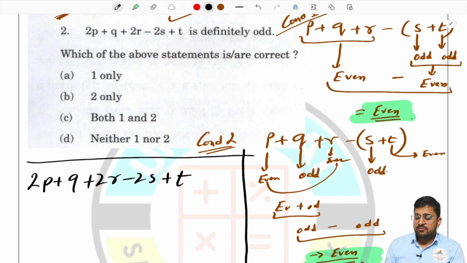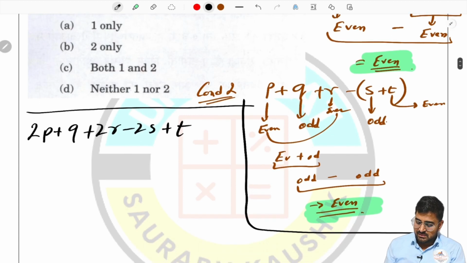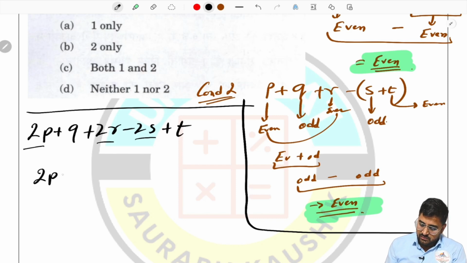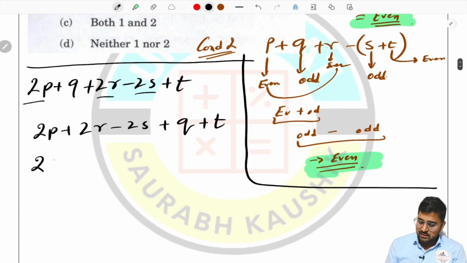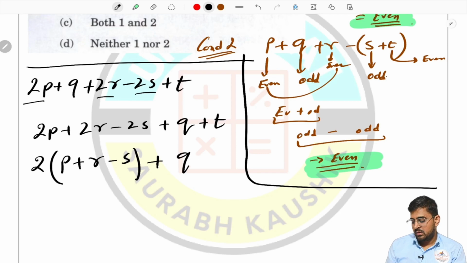The worst thing I have seen is there are inconsistencies. So let us take common first: 2p, 2r, 2s, q plus t. Okay, let's take 2 common: 2 times (p plus r minus s) plus q plus t.